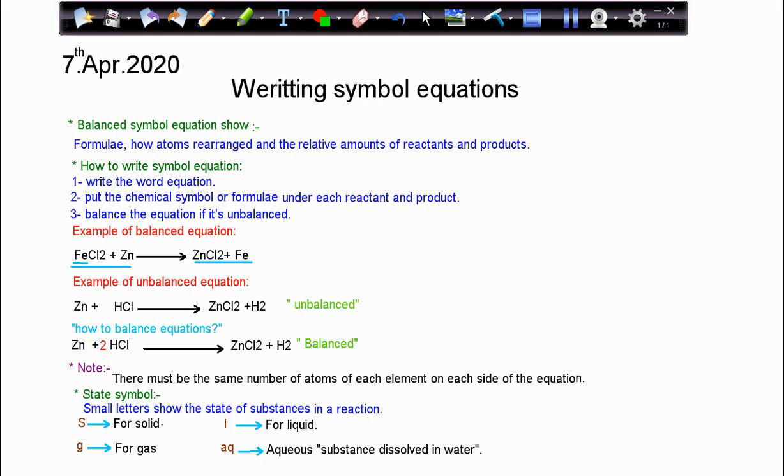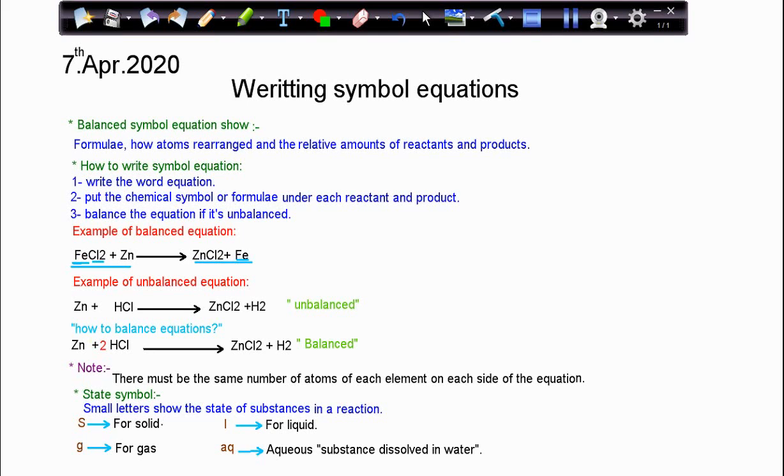Okay, let's take a look at these atoms. I have here in the reactants one Fe atom, and I have 2 Cl. Okay, let's go to the products. So if I take a look here over Fe, in the products I'm going to find only one Fe, not Fe2 or Fe3 or anything.